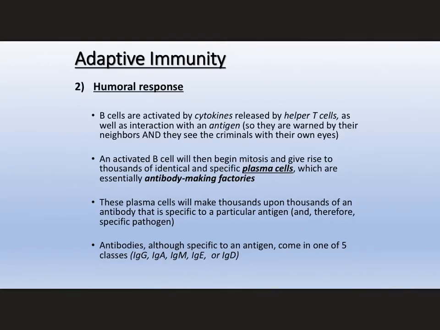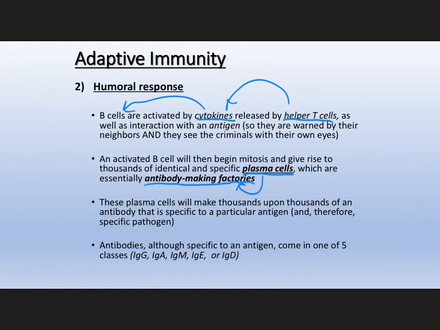Now, the humoral response is a little bit different. Right? In the humoral response, again, you've got helper T cells that are going to release cytokines and activate B cells. But what this will do is cause the B cells to become a couple different things. It'll cause them to become plasma cells, which essentially just make a whole bunch of antibodies, which again, antibodies can bind to and help destroy pathogens.